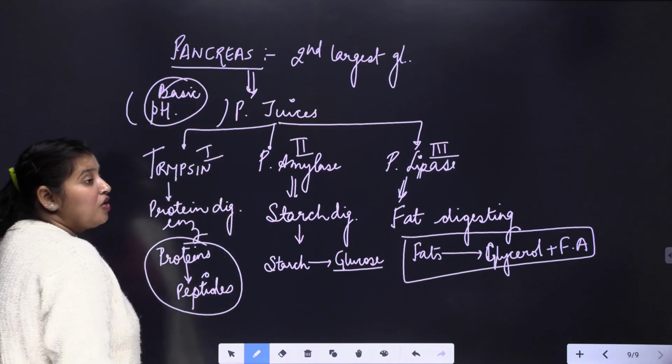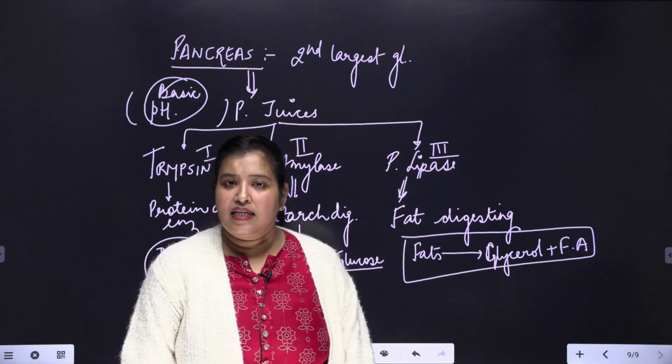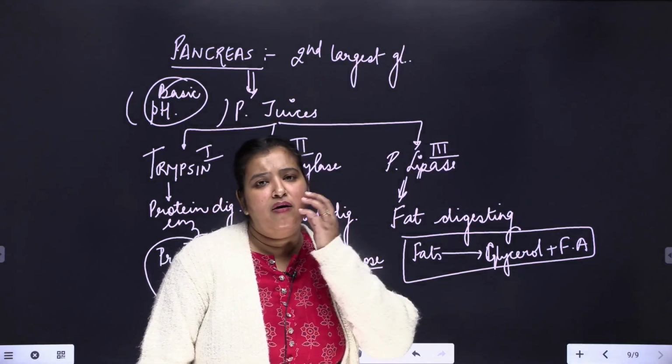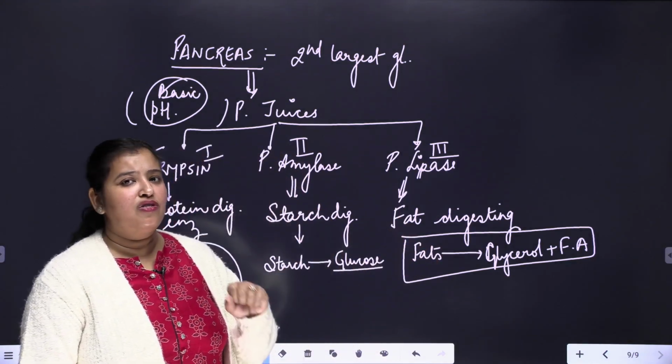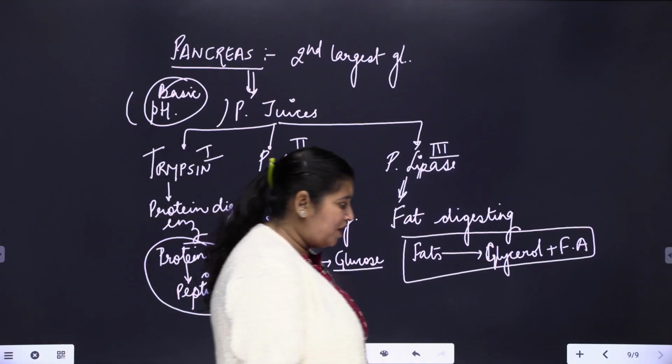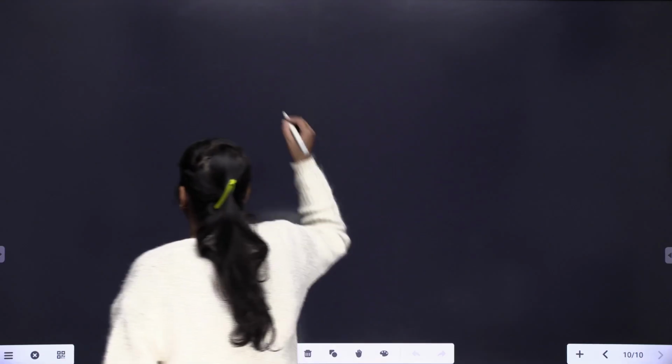The pH given by the bile juice becomes 7.6. So the process of digestion becomes easier because then the intestinal juices and the pancreatic juices can easily act upon. Fine. Now finally what we have is the intestinal juices.